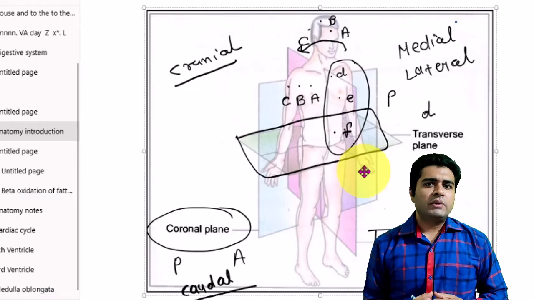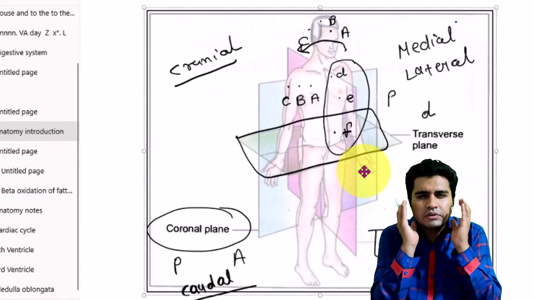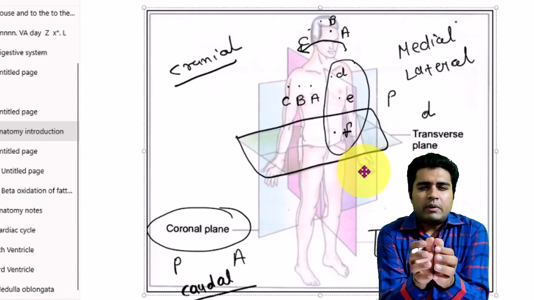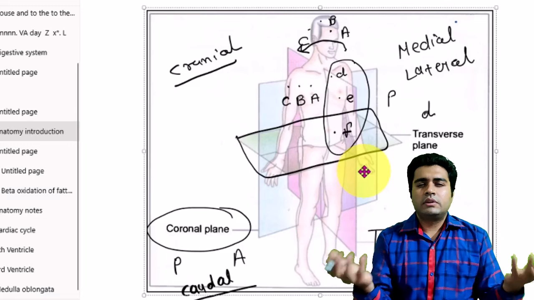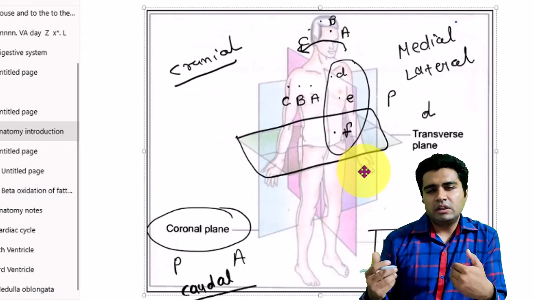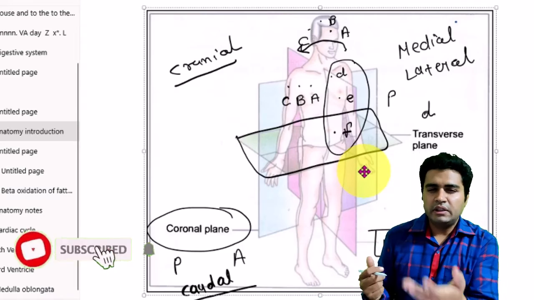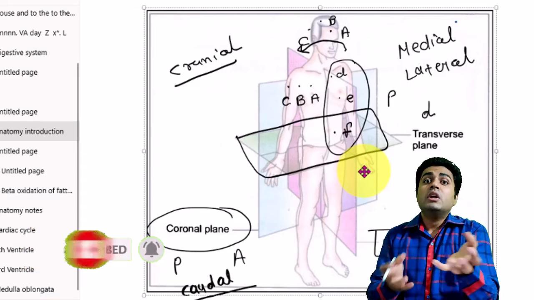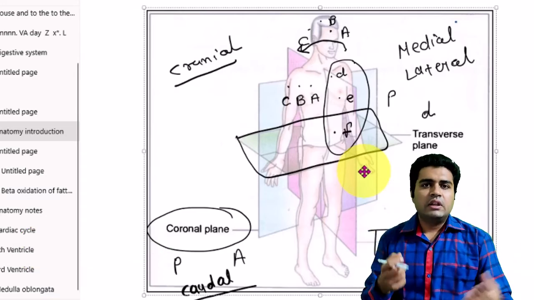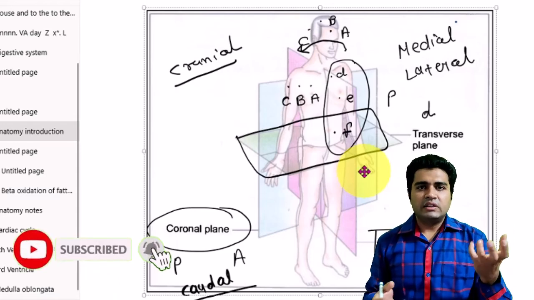So in anatomy, when you know all these terminologies, you just place yourself at one particular part of the body and describe all the structures related to these terminologies. Either it can be medial, lateral, anterior, posterior, superior, inferior, proximal, distal, as well as cranial or caudal.